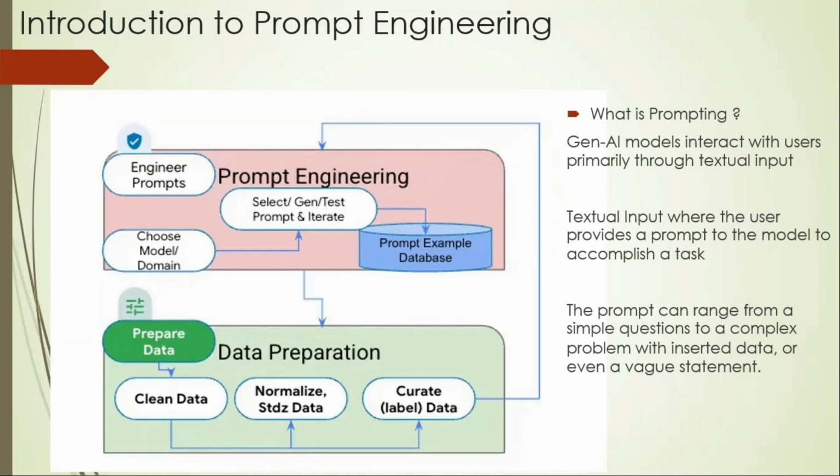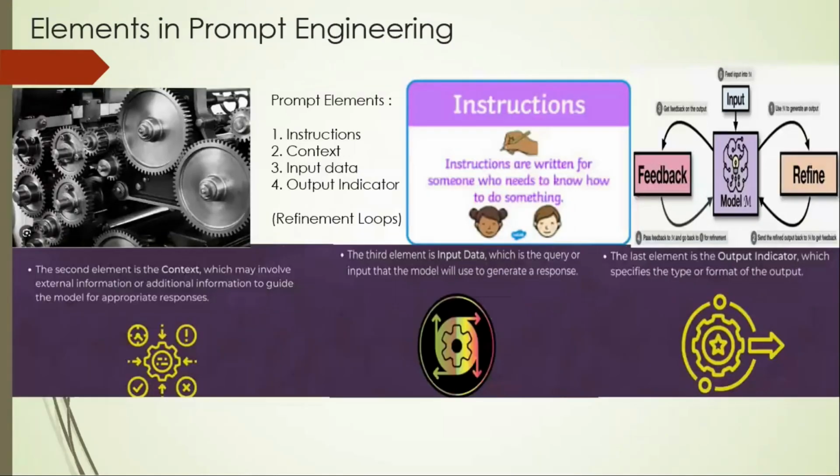Okay. So prompting is like your 50% job done in generative AI. If you know correct prompting, then 50% of the job is done. Now, what exactly is a prompt? The prompt is instructions, context, input data, or output indicators. These four elements are always there in a prompt.